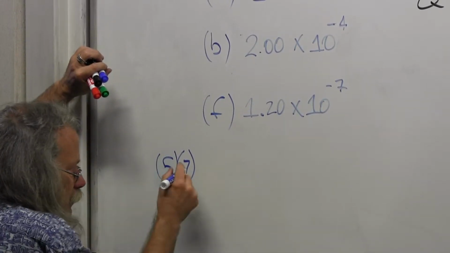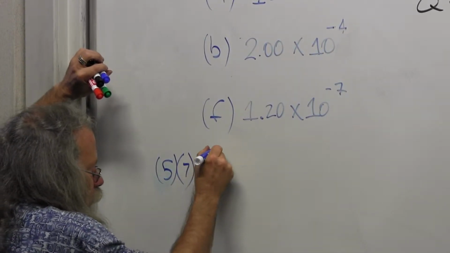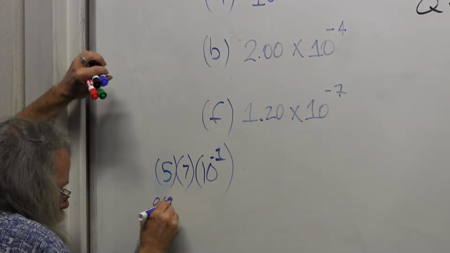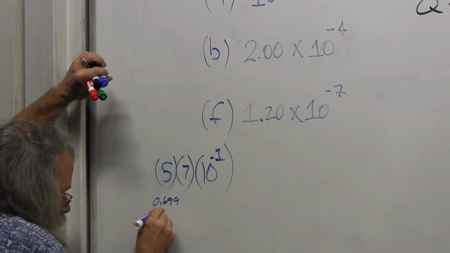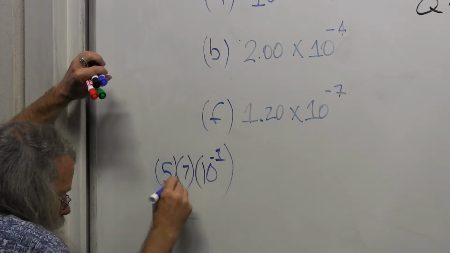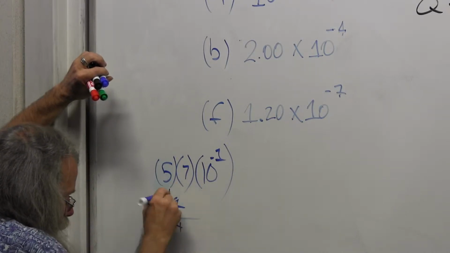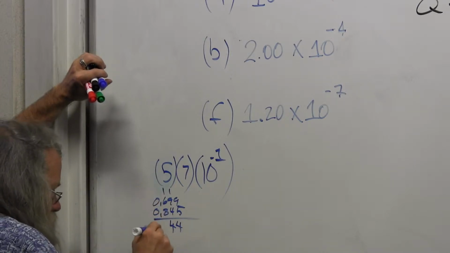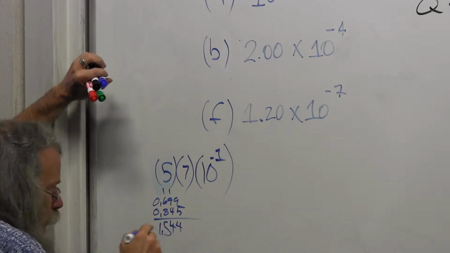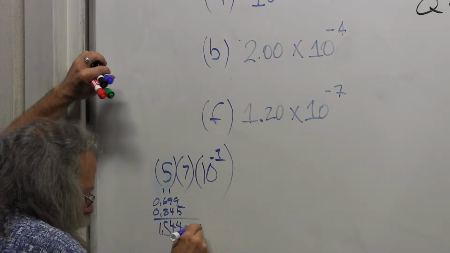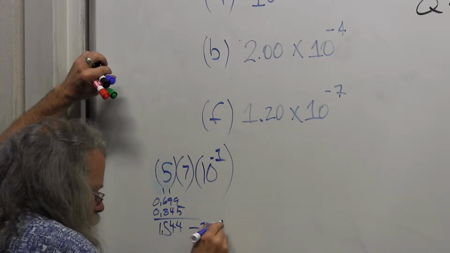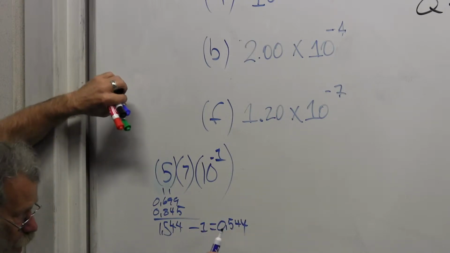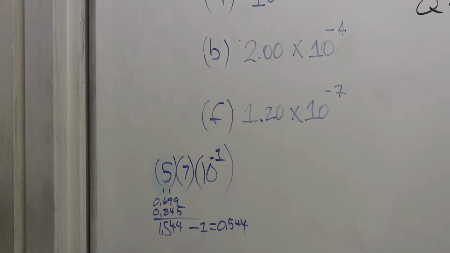This is 0.699, and this is 0.845, which add up to 1.544. 1.544 minus 1 is equal to 0.544. So the log of 3.5 is 0.544.